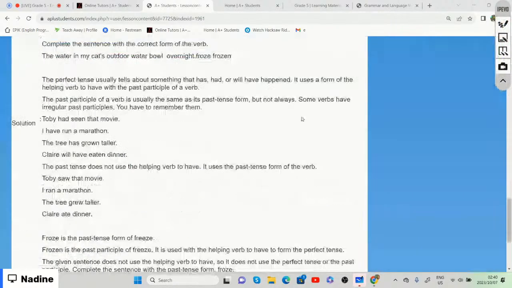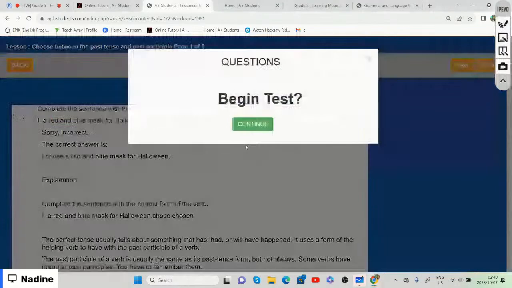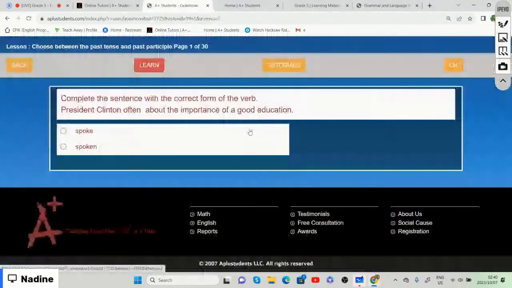All right, so now we're going on to our test. We're going to begin the test by choosing between the past tense and the past participle, and we're going to complete the sentence with the correct form of the verb. President Clinton, do we say often spoke or spoken about the importance of a good education?